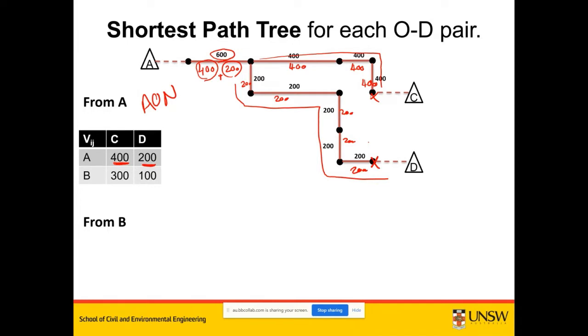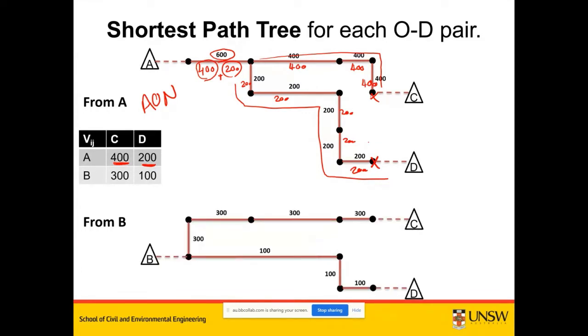It just carries that 200, and the other one carries the 400 trips by itself. So there's no summation of OD volumes on any of them. So that's an all or nothing assignment example where for every OD, you assign all the trips to the shortest path.